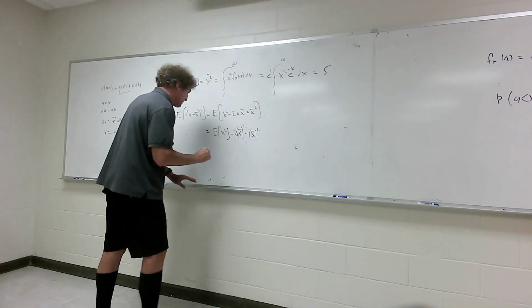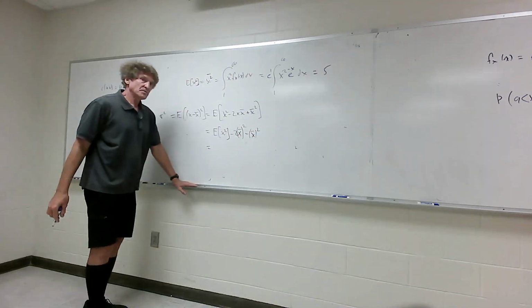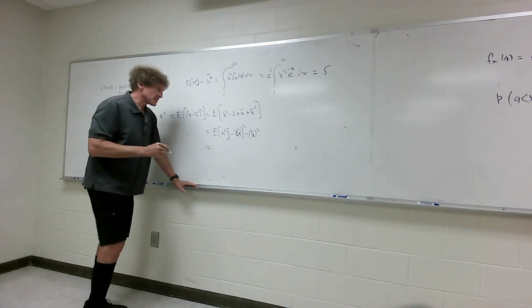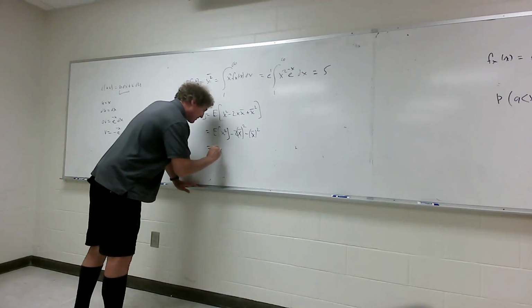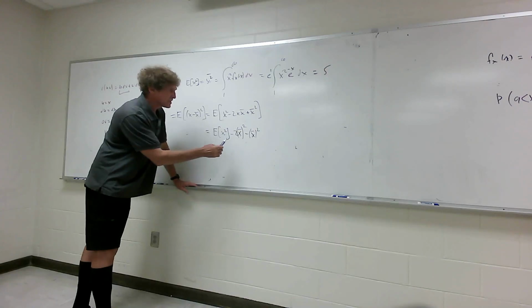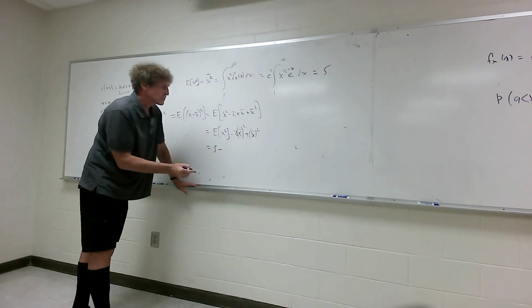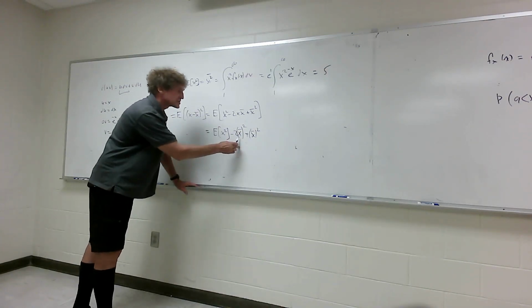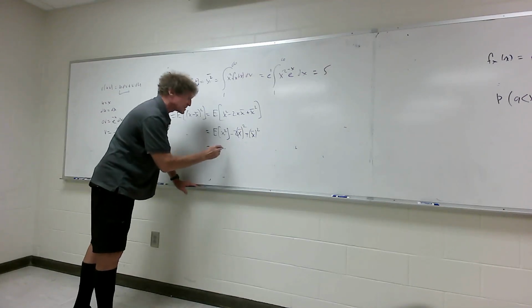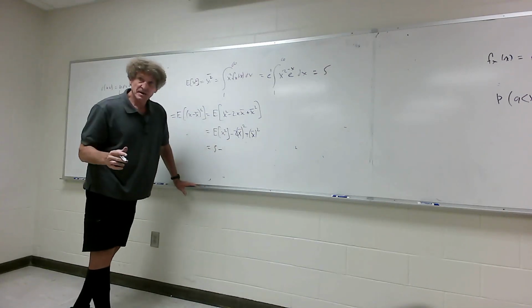I said this last time. The mean squared value that we have there is 5, right? 5 minus, and you can see, wait a second, that should be plus. So now you can see that I have minus 2 x bar squared plus x bar squared, or it's just minus x bar squared. Do you agree with that?